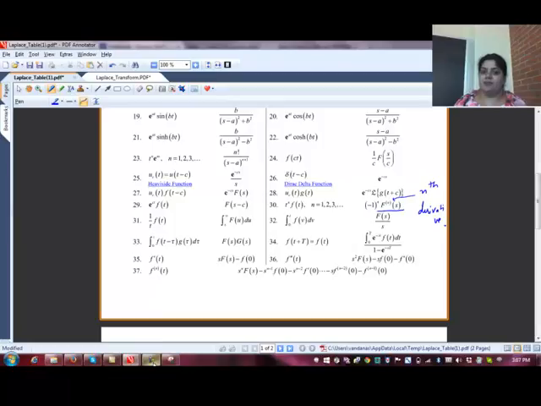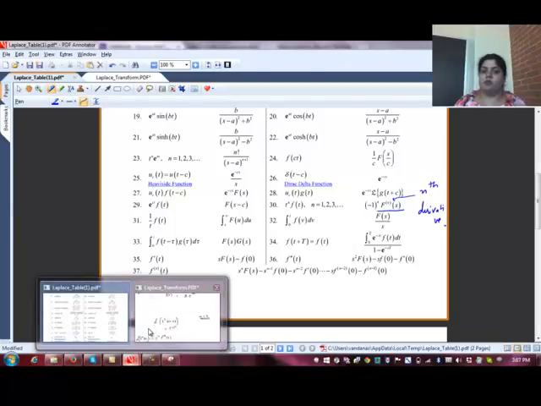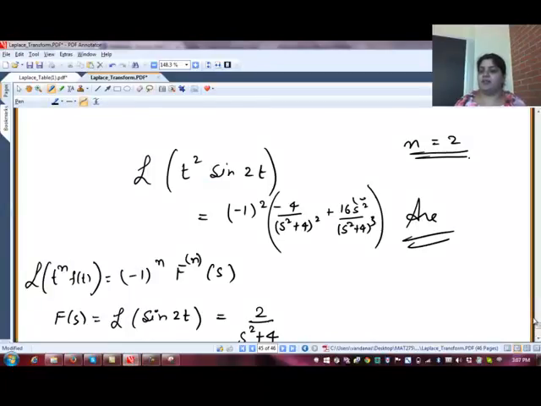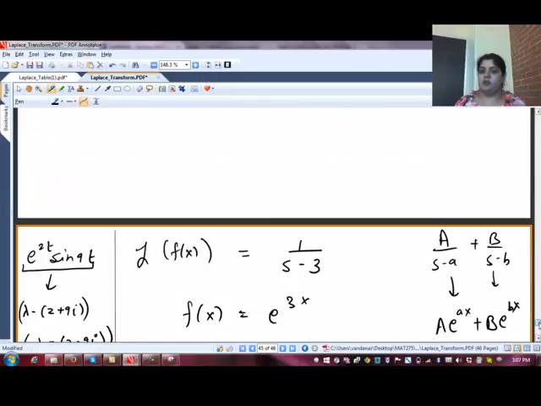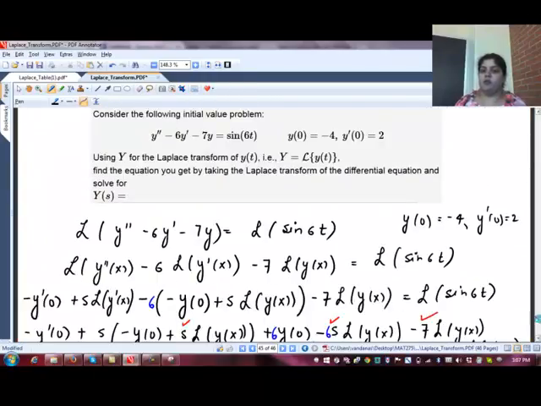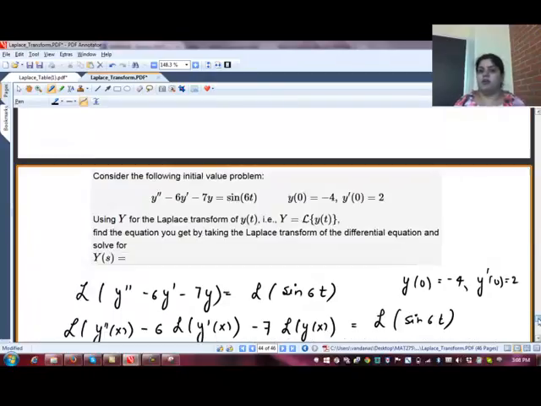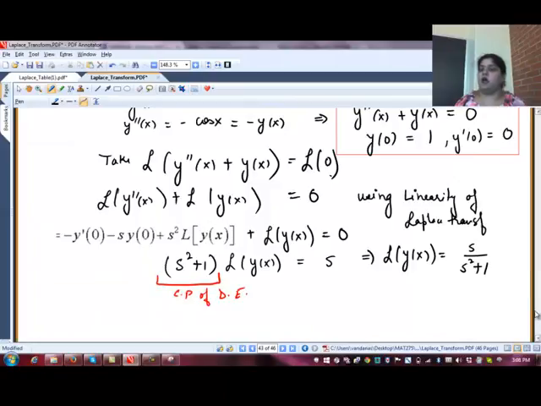So in the exam you should know this, you will be getting this table, so that's not a problem, but you should know how to, given a problem, find the Laplace transform solution, or given a function, how to find the Laplace transform of that function.